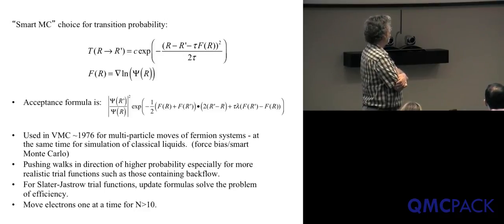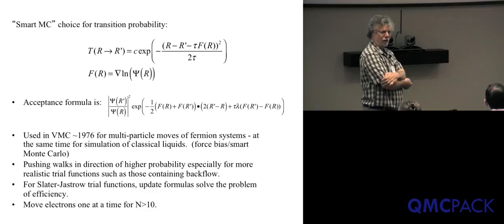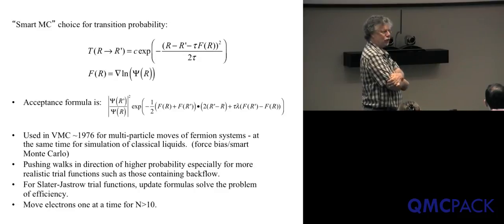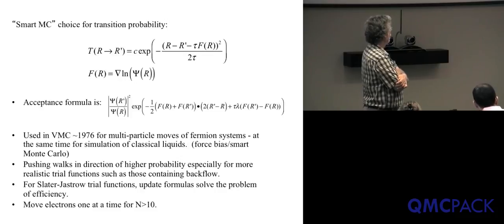Again, capital R are the electron coordinates, and F, the gradient of the log of the trial wave function, is what I call the pseudo force. It's like the force that would be necessary to sample psi squared if you're doing molecular dynamics. And so this kind of pushes you in the direction of the trial wave function getting larger.